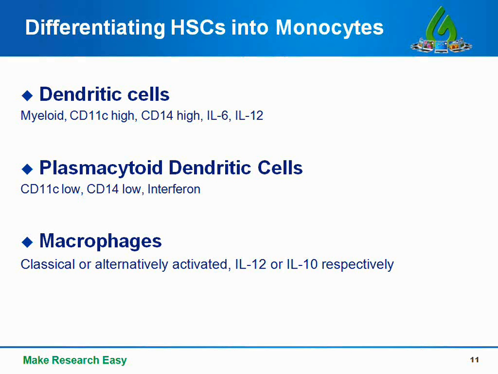Lastly, macrophages, which phagocytize foreign agents, can secrete either pro- or anti-inflammatory cytokines based on their polarization due to microenvironmental stimuli in combination with their epigenetic composition, which I will touch upon in a future slide.